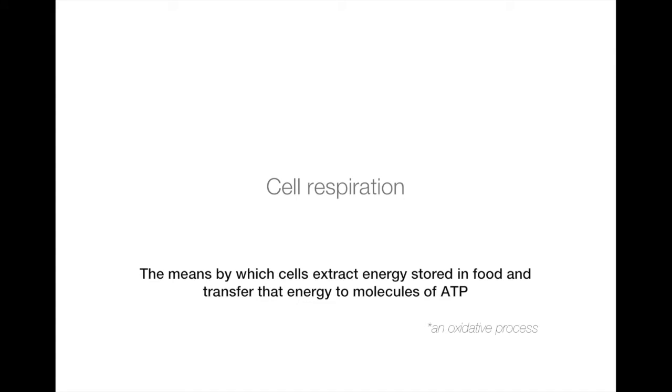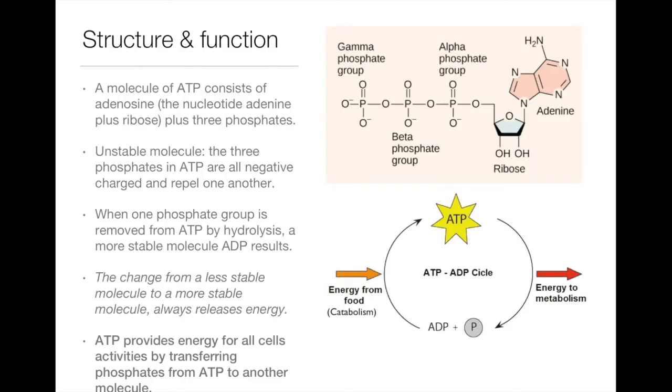Okay, now let's see about cell respiration. Cell respiration is the means by which cells extract energy stored in food and transfer that energy to molecules of ATP. So what is the final goal of respiration? To create ATP molecules. What does that mean?